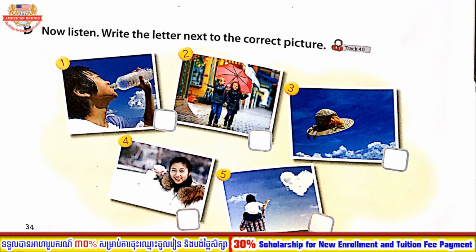Unit 5. It's rainy. Getting started B. Now listen. Write the letter next to the correct picture. A. Mina loves snowy days. She enjoys snowball fights. B. My hat is flying away. The wind blew it off my head.